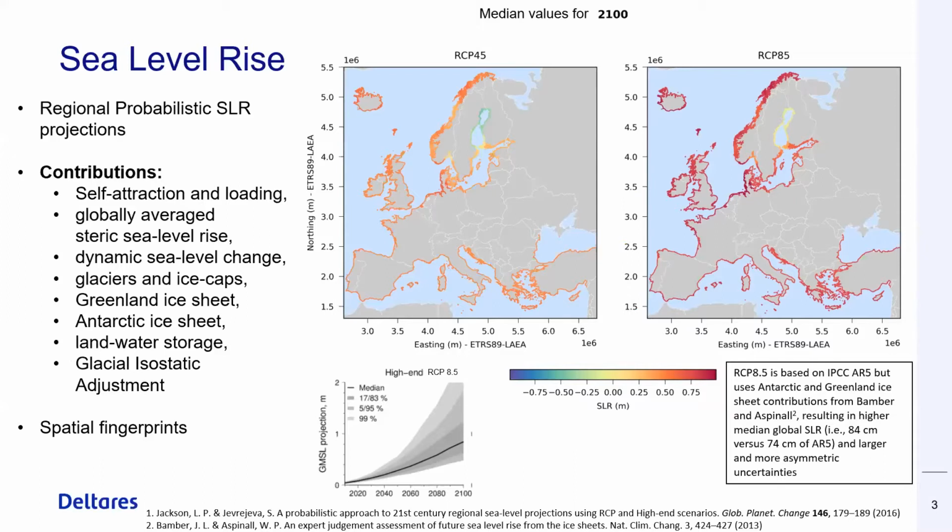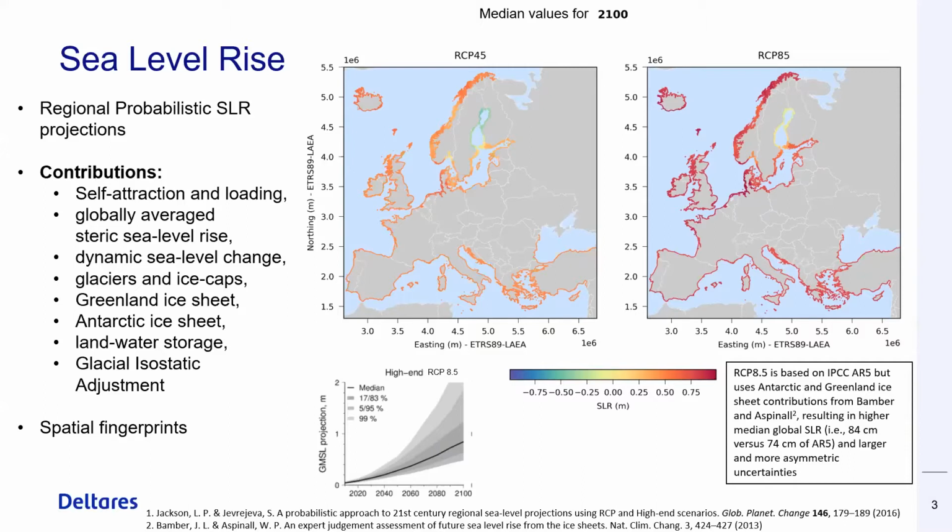The RCP 8.5 is actually a high-end one, so it is not entirely based on the IPCC AR5 report, but includes an extra component from the Antarctic and Greenland ice sheets, which increases the mean global sea level rise by 2100 and has increased uncertainties as well. As you can see in the bottom graph, it results in more asymmetric uncertainties.